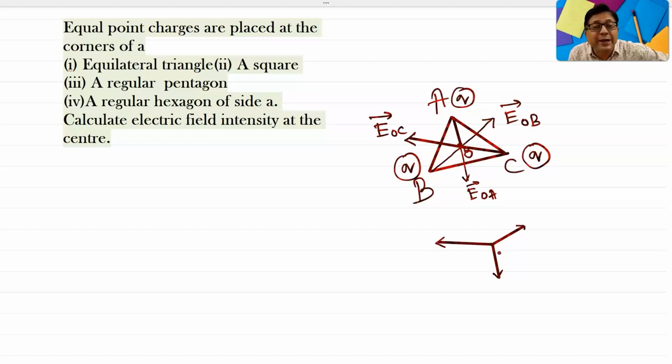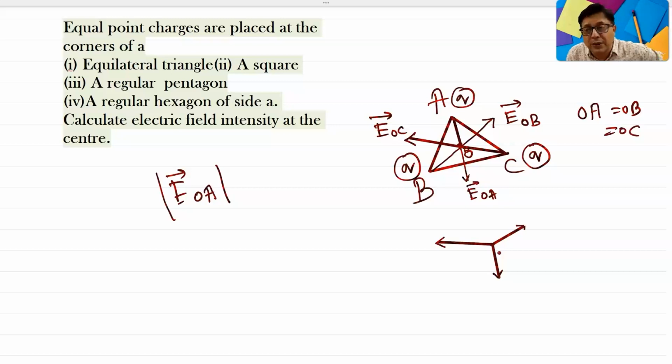So EOA, EOB, EOC, their magnitudes are the same. The value of OA, OB and OC, they are equal. What is its value? It is 2/3 of the height of the triangle, root 3 by 2 A, so this is A by root 3.